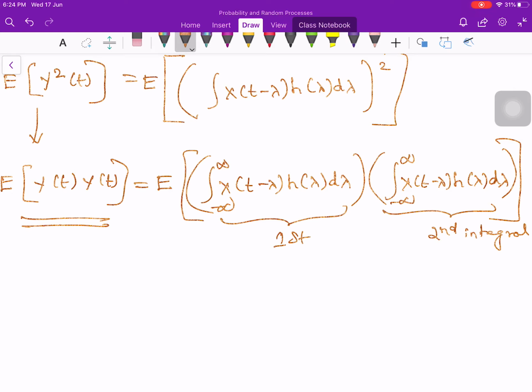The product of two integrals becomes a double integral provided you use variables of integration which are distinct: one variable for one integral and another variable for the other integral. Both are from minus infinity to plus infinity.